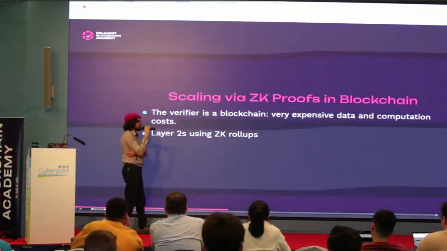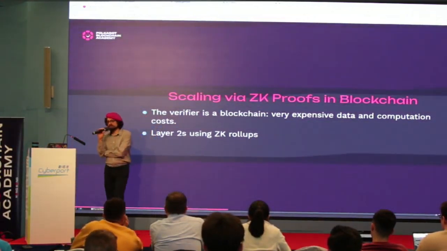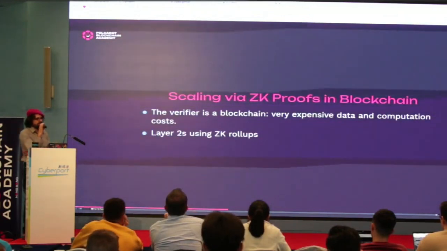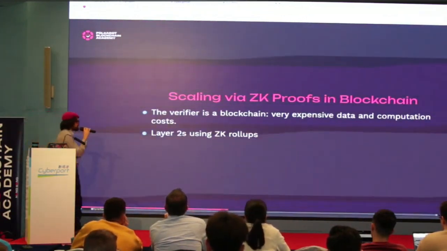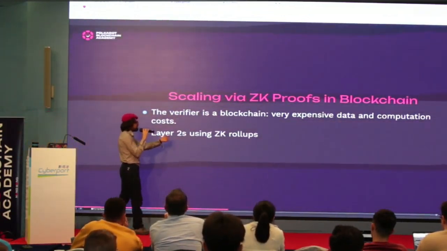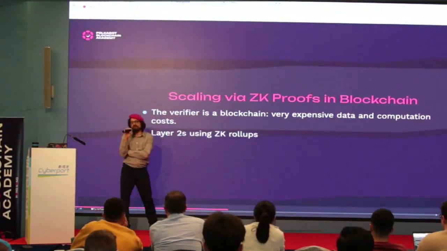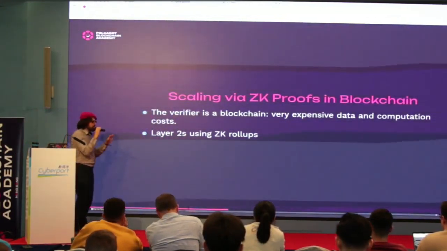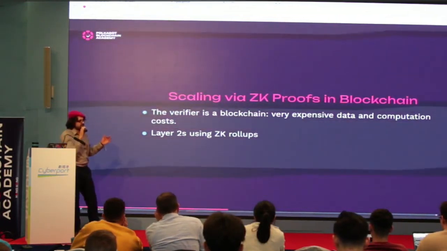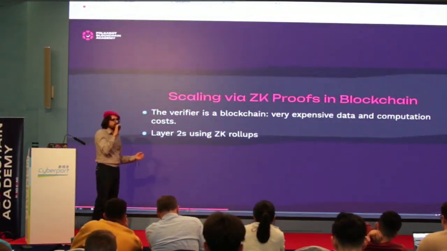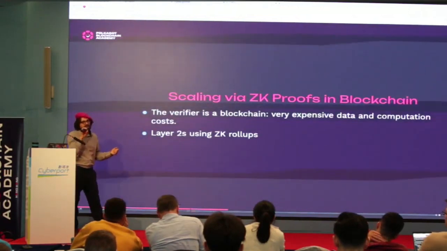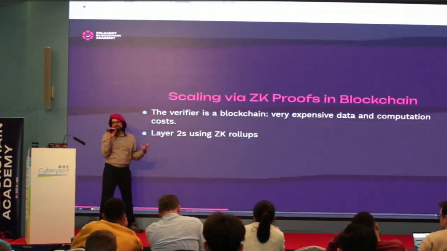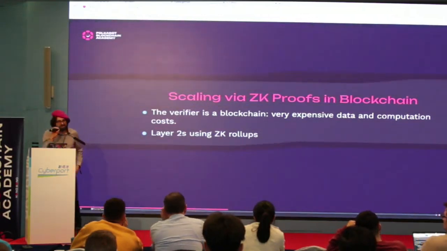The other application is where the verifier itself is a blockchain. Blockchains are very expensive. When you write code as a smart contract on a blockchain, you don't want to do huge verification on it. So for example, layer 2 ZK rollups are like that. You have another layer blockchain that has done something, and to layer 1 they want to prove that they did it correctly. If they submitted the whole data to the base blockchain, that would be very expensive.